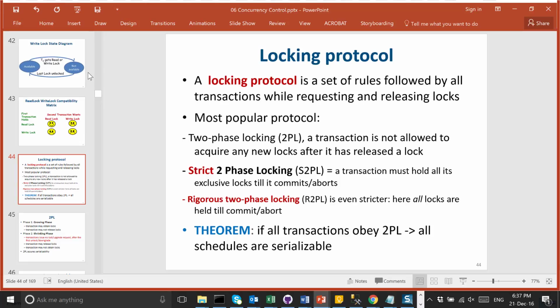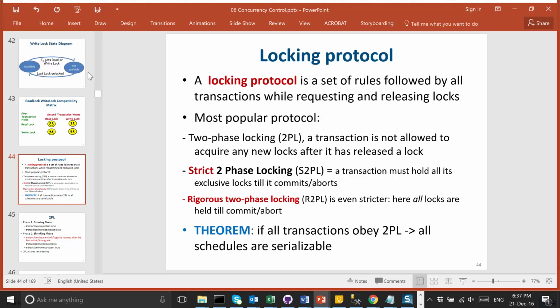Okay, so locking is a mechanism, but by itself it is not enough to achieve serializability. For us to achieve serializability, we have to follow a protocol. The most common protocol is the two-phase locking protocol. It has different flavors. The most common one is the strict two-phase locking protocol. This protocol says a transaction must hold all its exclusive locks until it commits or aborts.